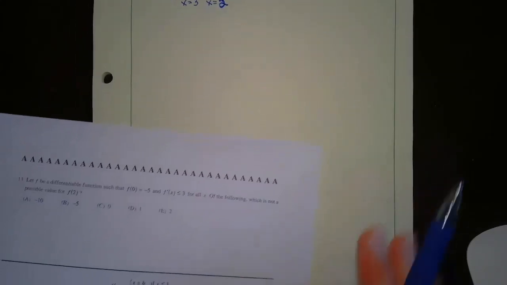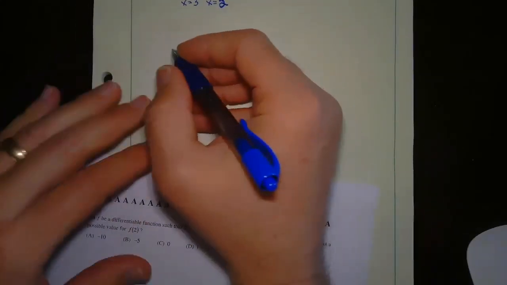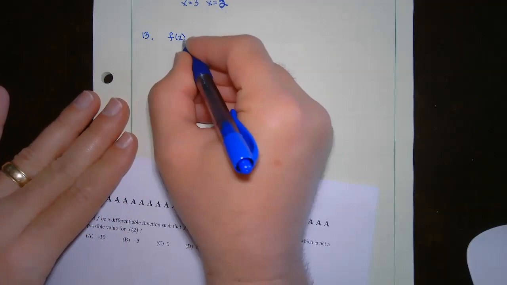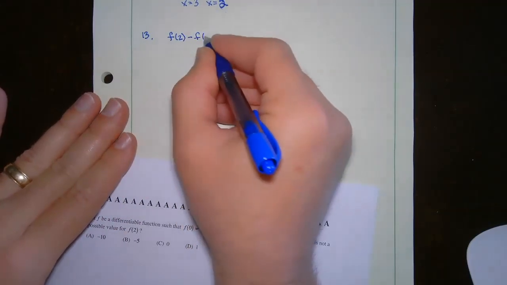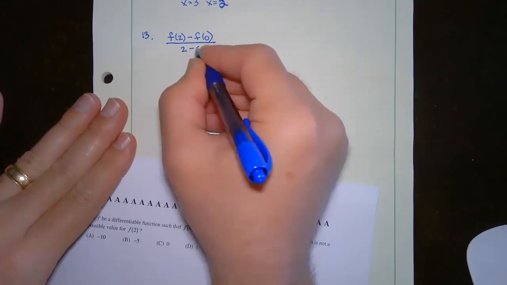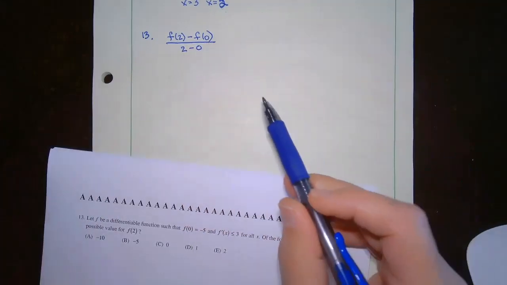So basically what we have to do for number 13, okay, is we have to find each of these. So what's f of 2 minus f of 0 over 2 minus 0, okay? So this is the mean value theorem.